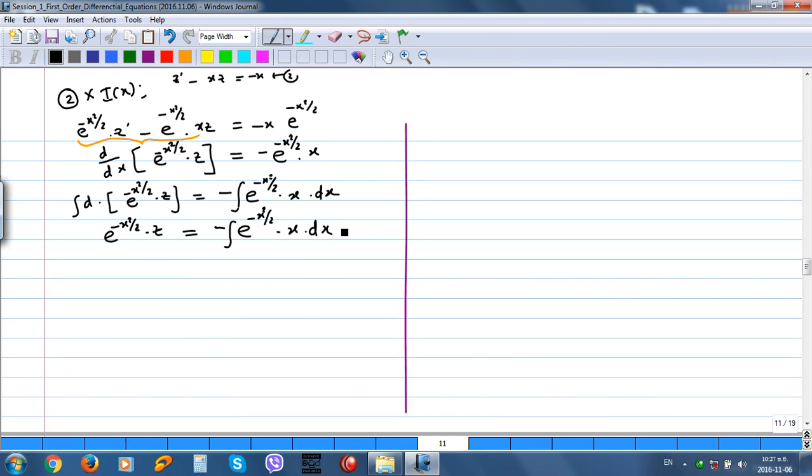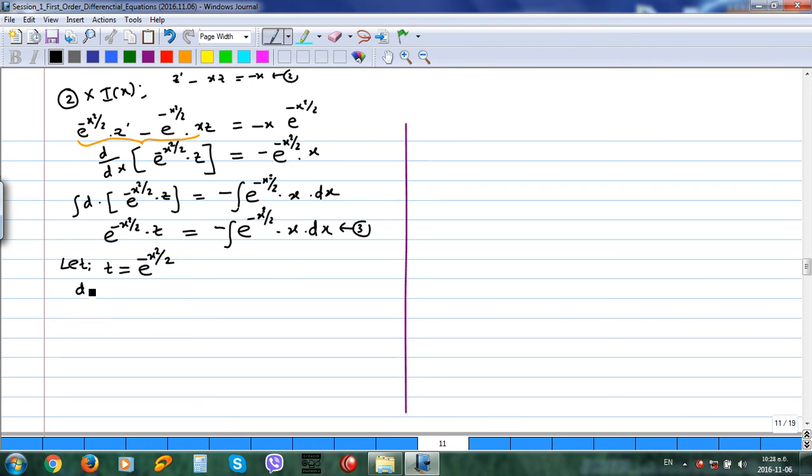Third equation. So we can simplify furthermore. We can substitute a value instead of e to the power minus x squared over 2. So I let t equal e to the power minus x squared over 2.